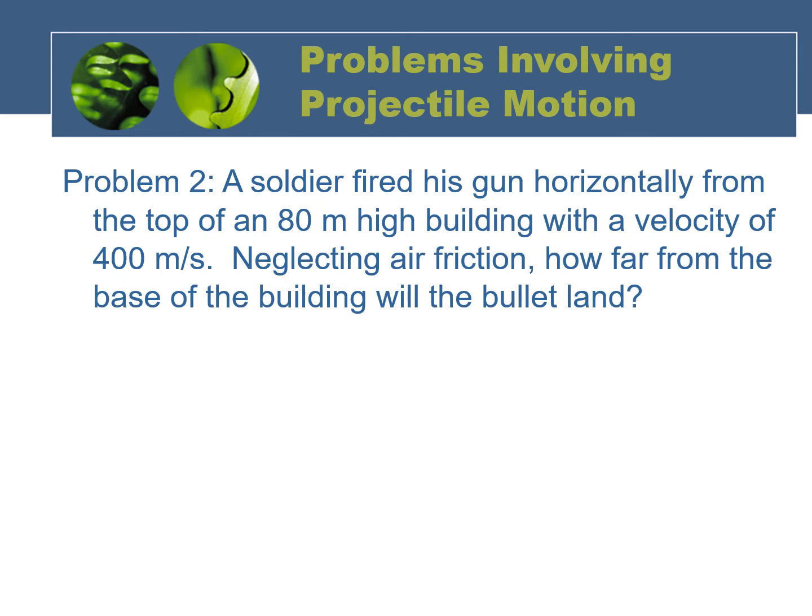Problem number 2. A soldier fired his gun horizontally from the top of an 80-meter high building with a velocity of 400 meters per second. Neglecting air friction, how far from the base of the building will the bullet land?